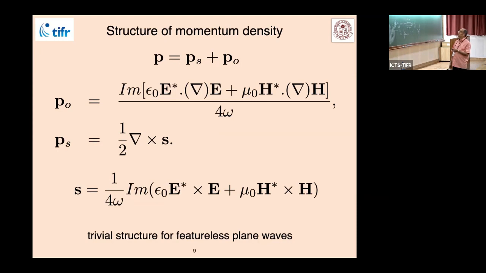Of course, this magnetic field contribution would be smaller in standard scenarios, except for strongly magnetic systems. And P spin you recognize as part of this spin angular momentum. And S you define as E star cross H, the electric contribution and the magnetic contribution. I'll show you this magnetic contribution plays a very important role when you try to decide what is the force acting on dipolar or more complicated particles. I'll come to that at a later stage.